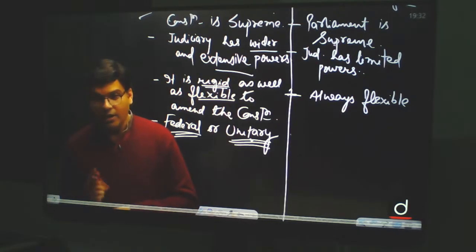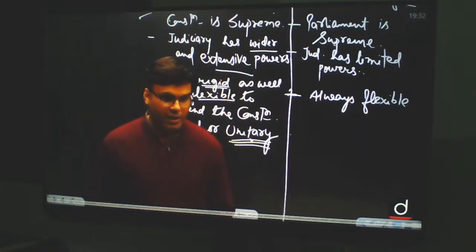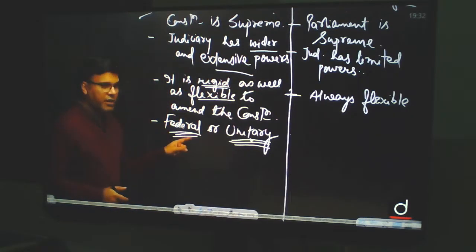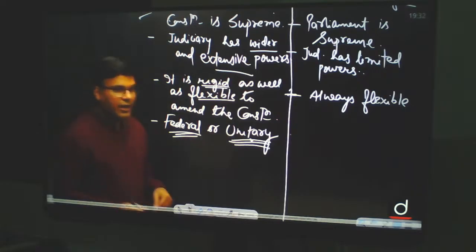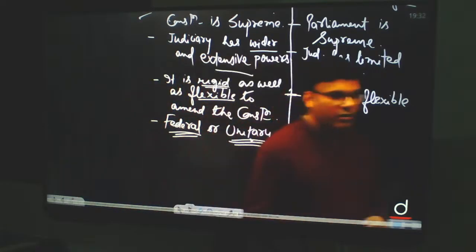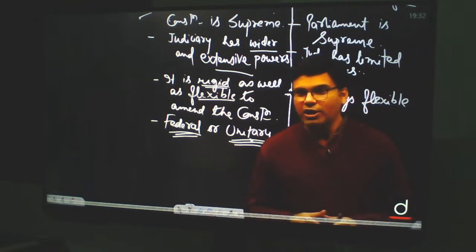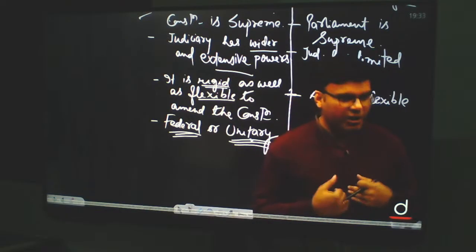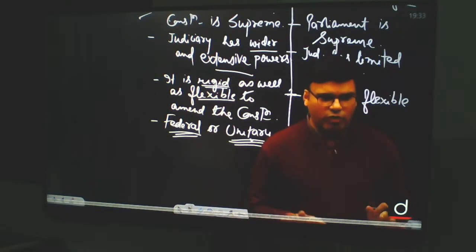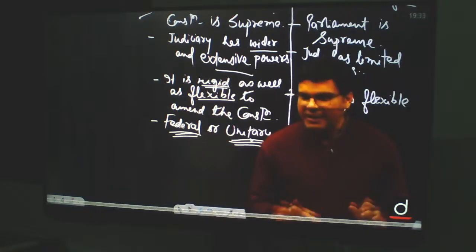But Sri Lanka is a classic example of a unitary country with a constitution. इसलिए हम ये नहीं कह सकते कि ये हमेशा फेडरल ही होंगे। हम क्या है, we are a classic example of a parliamentary country with a federation, and the federation is more tilted towards the center. So we can't say that we are a unitary state because we have two forms of government duly created by the constitution.